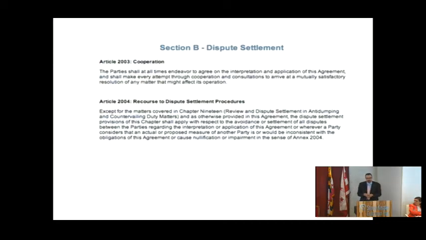Intellectual property is just one of them. And for every chapter except for one, the dispute settlement is supposed to be state to state. There's a dispute settlement chapter that says if a state is unhappy with compliance, it can take another state to arbitration.